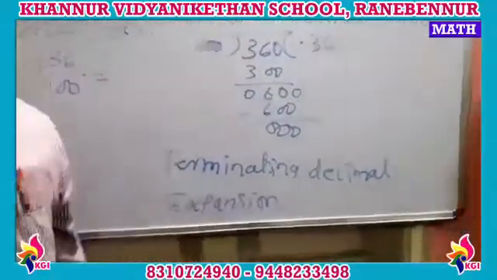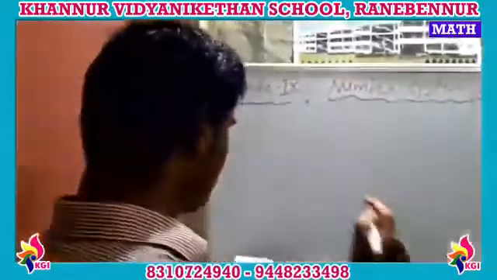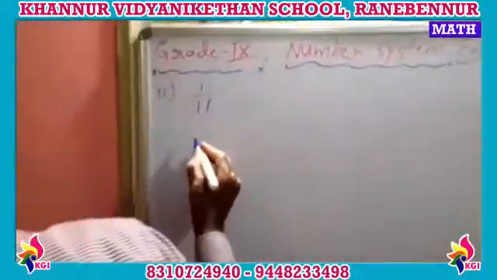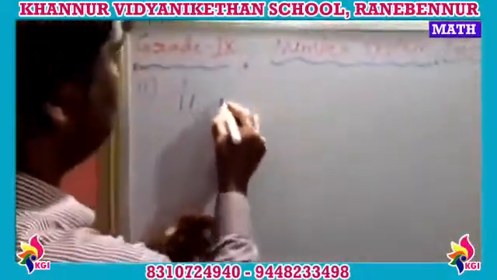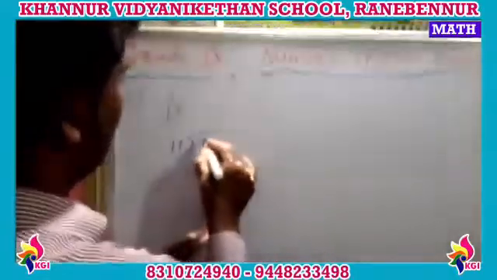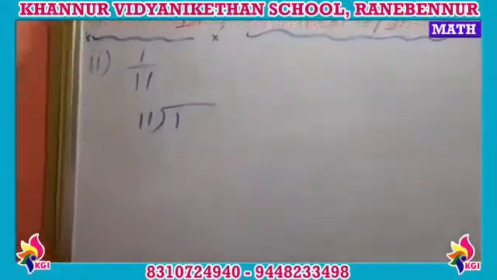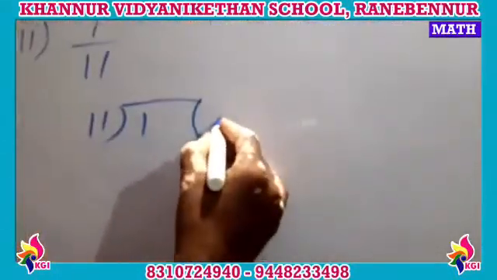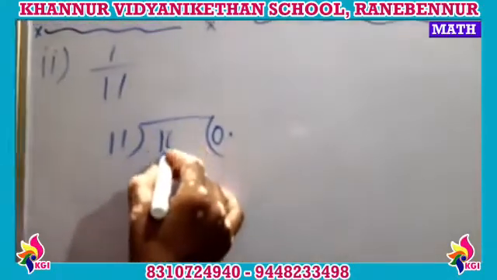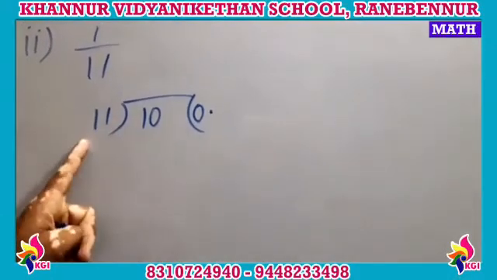Understood children? The second one is, now the question they gave is 1 divided by 11. So in this 1 divided by 11, what is the divisor? Yes, 11 is the divisor, 1 is the dividend. So here 1 is less than 11, right? So what I have to do? I have to take a point first. If you want, you can take a 0 also. So if I take a 0 over here, again it is 10. Correct now? 10 is less than 11.